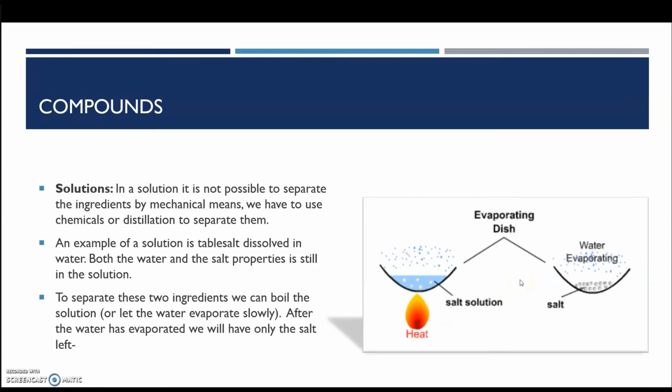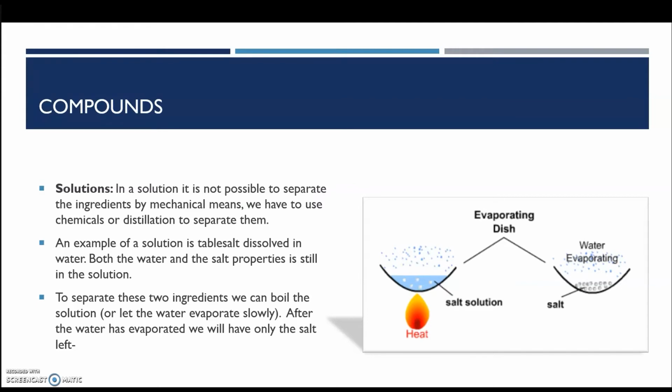In a solution, it is not possible to separate the ingredients by mechanical means. We have to use chemicals or distillation to separate them. An example of a solution is table salt dissolved in water.